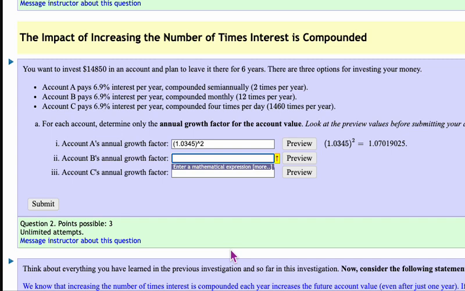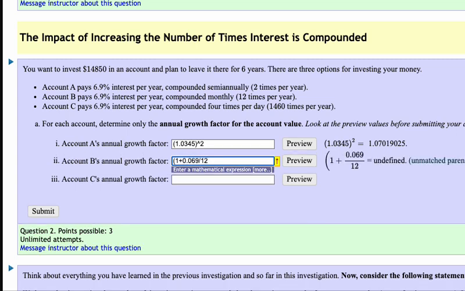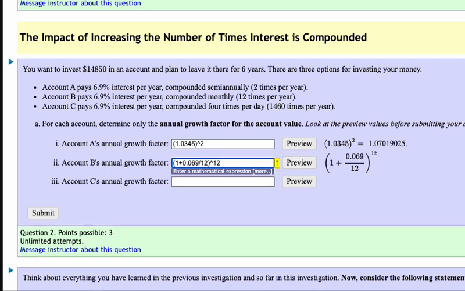Okay, so for this one, if you do 6.9 divided by 12, I'm just going to do 1 plus, in parentheses, 0.069 divided by 12, end my parenthesis. And that's going to happen 12 times, so I'm going to put it to the power of 12.